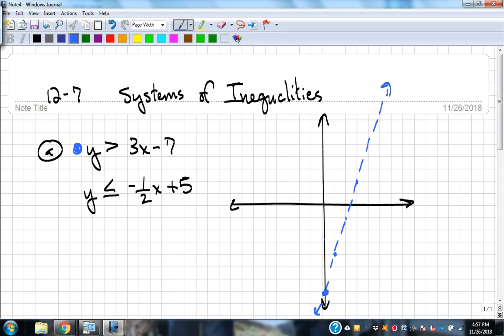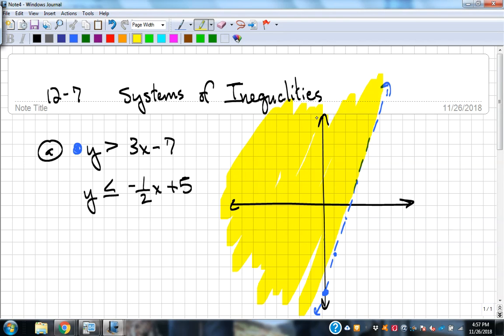Remember, graphing inequalities: if it doesn't have the equal to mark, it's a dotted line. And then to shade it, if it's greater than, you're going to go where the y values are larger, which would be up to the left of that line. So I'm going to use a yellow marker, shading this side of that line.